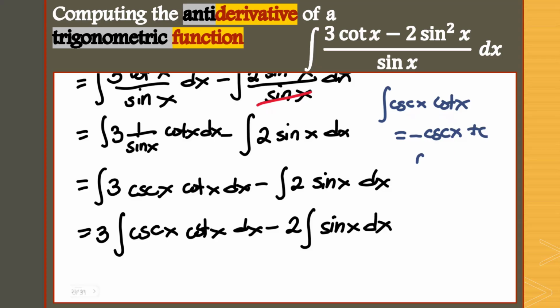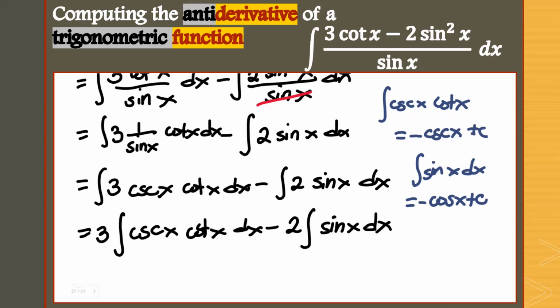And the integral of sine x dx is equal to negative cosine x plus c. Try to review the previous videos together with some of your notes, because these two are part of the basic rules in trigonometric antidifferentiation.